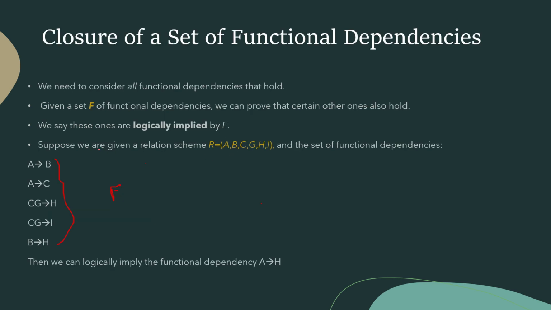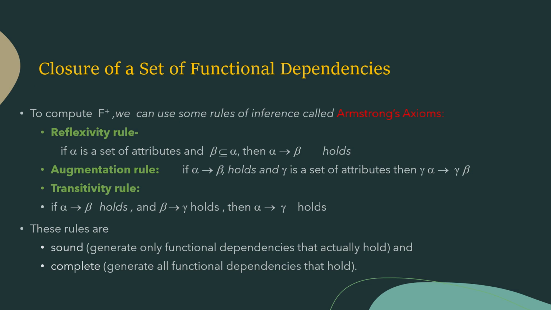And there are certain axioms, certain methods, to find F plus. If you want to calculate the closure, that is, to compute F plus, these three rules will help you. They are called Armstrong's axioms.